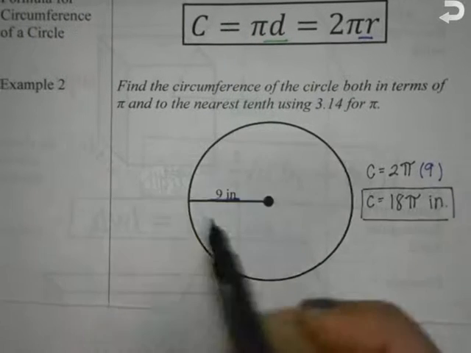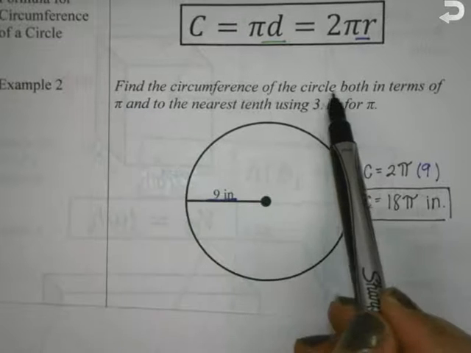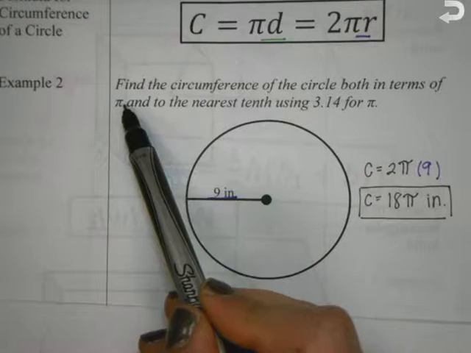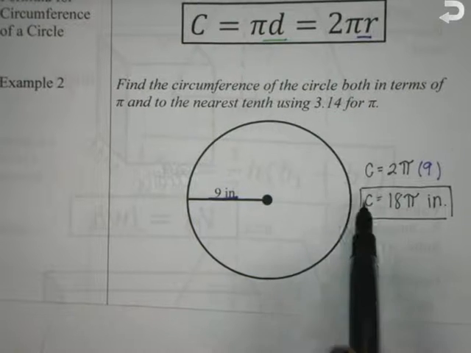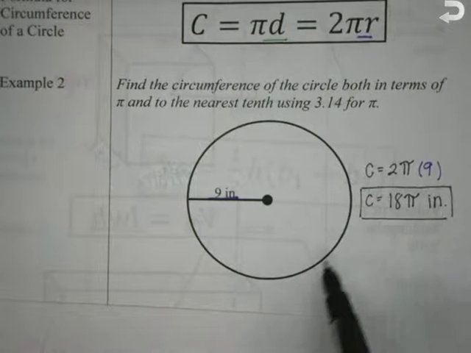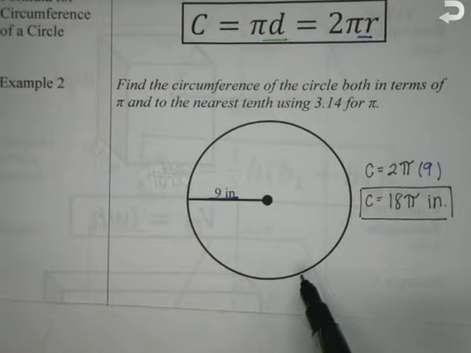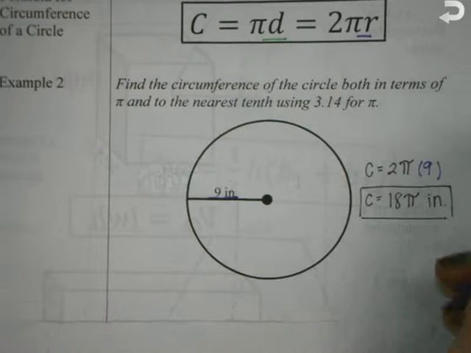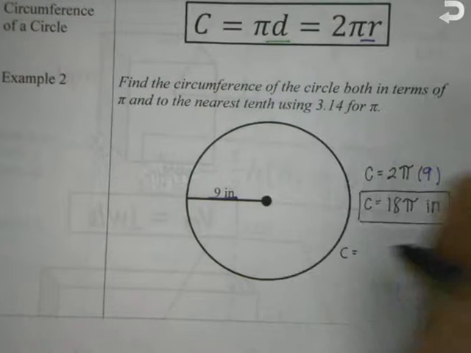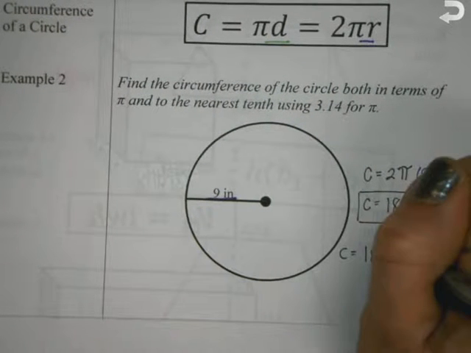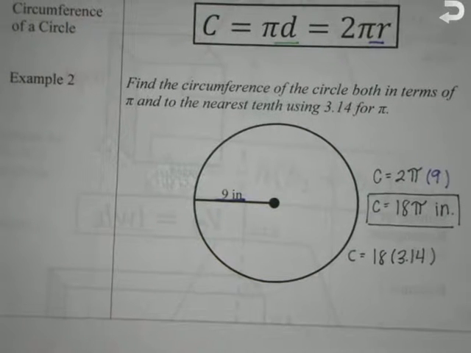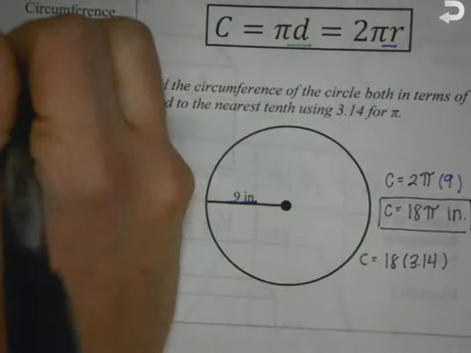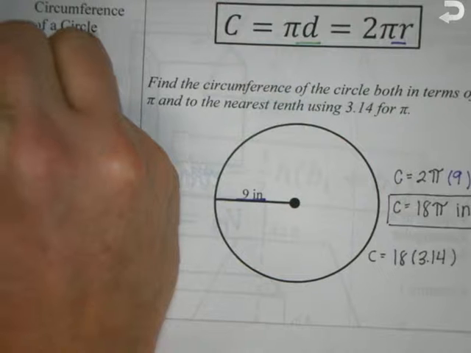So that's going to be circumference equal to 18 times 3.14. And then let's actually do that multiplication. So 3.14 times 18, just off to the side. Okay, 8 times 4 gives me what? 32. Good.